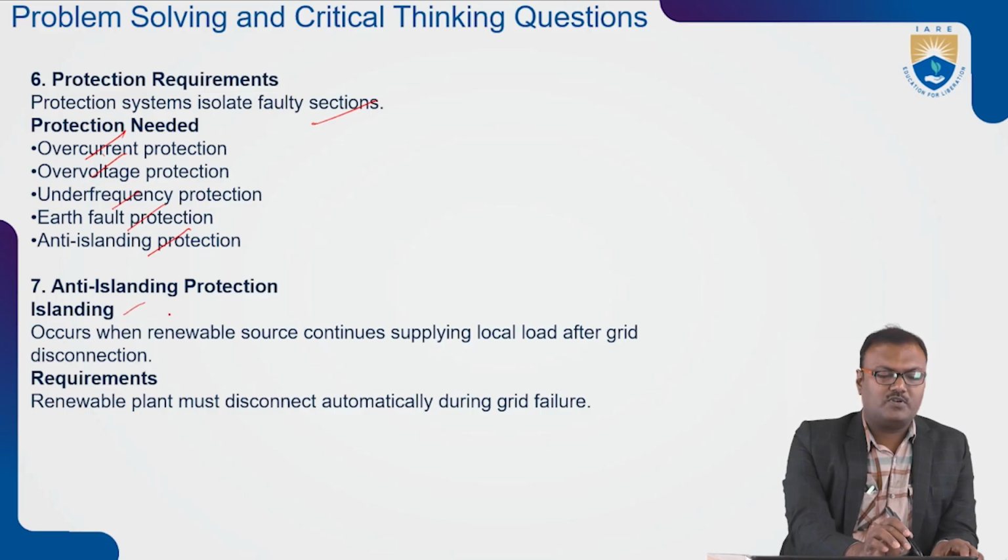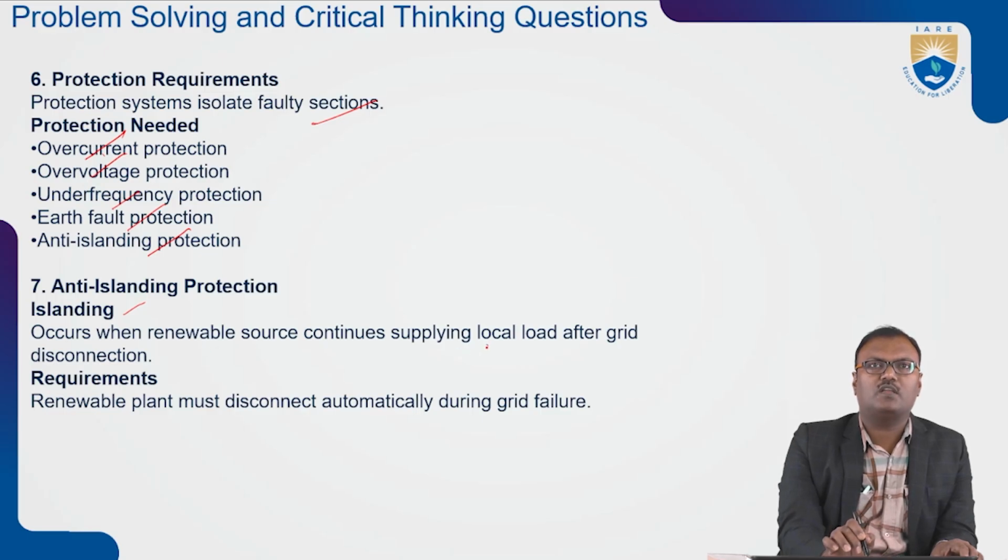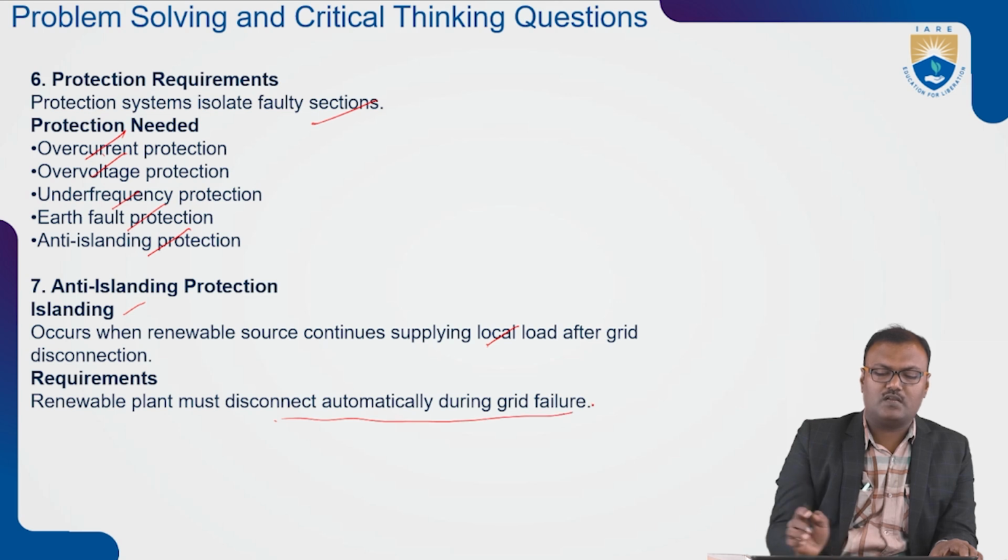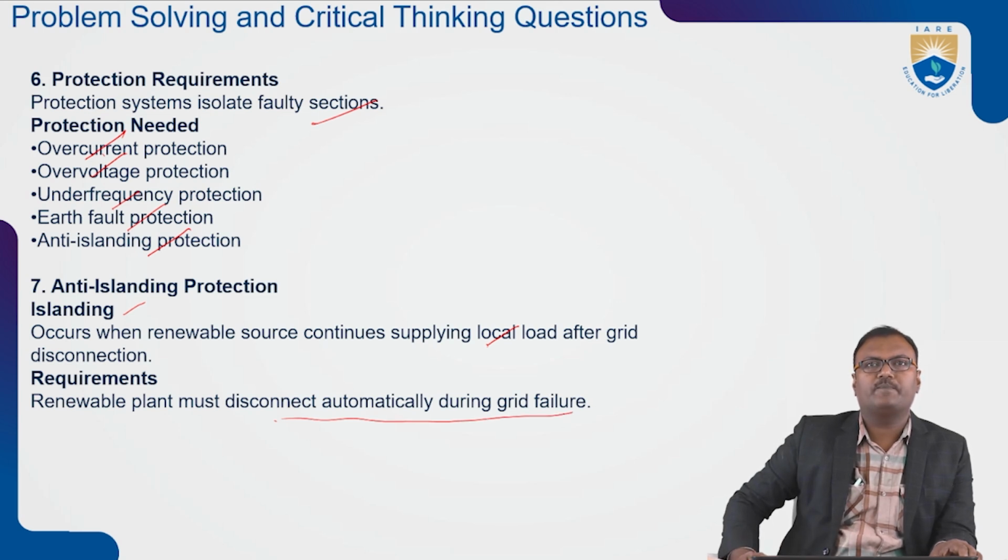Islanding operation occurs when a renewable source continues to supply only the local load after grid disconnection. The requirement for this is that the renewable plant must disconnect automatically during grid failure. Then only can we supply the same power to the local load.